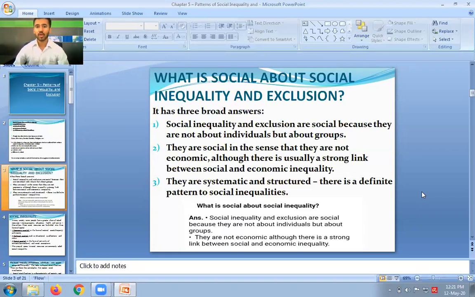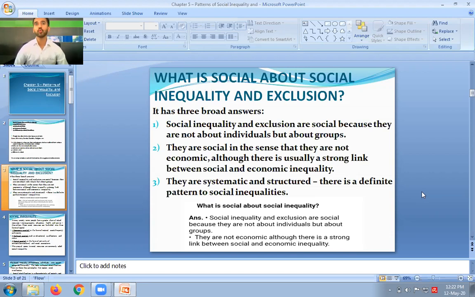Earlier, social inequality was not done on the basis of economic terms. But nowadays, inequality has changed its essence. Inequality has changed its nature.